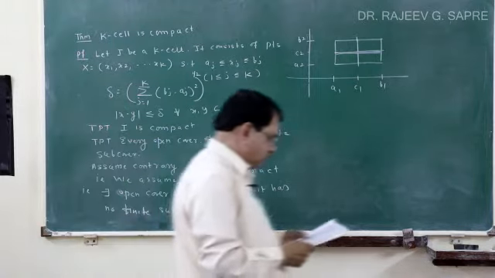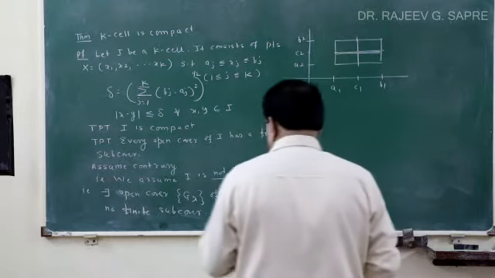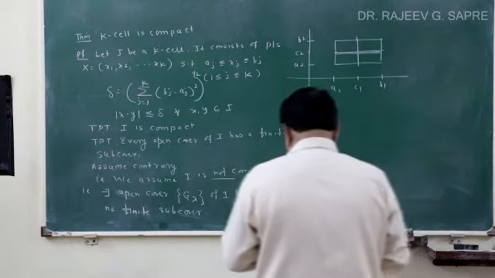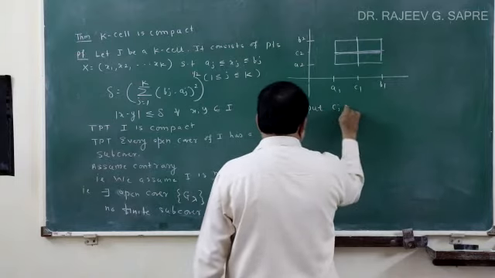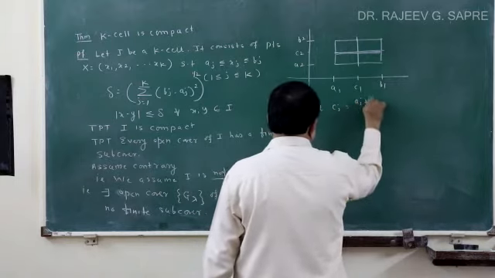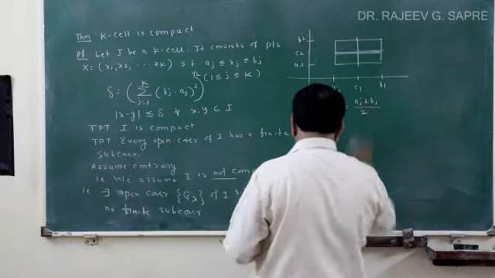So here what I will say is no finite subcover. Now put Cj as Aj plus Bj upon 2.